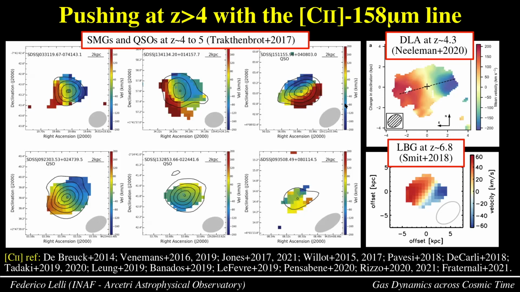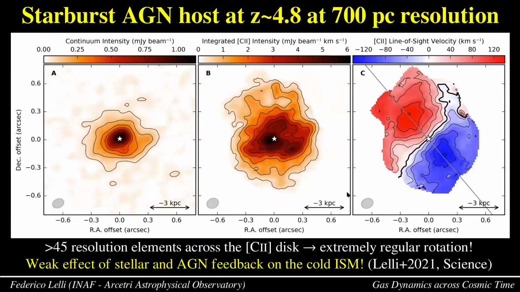The current main limitation is the spatial resolution of the data. As you can see, these disks are not very well resolved, but this can be improved a lot, and we are already doing it. For example, this is a galaxy, a starburst AGN host at redshift 4.8, which has been observed with a resolution of 700 parsec.